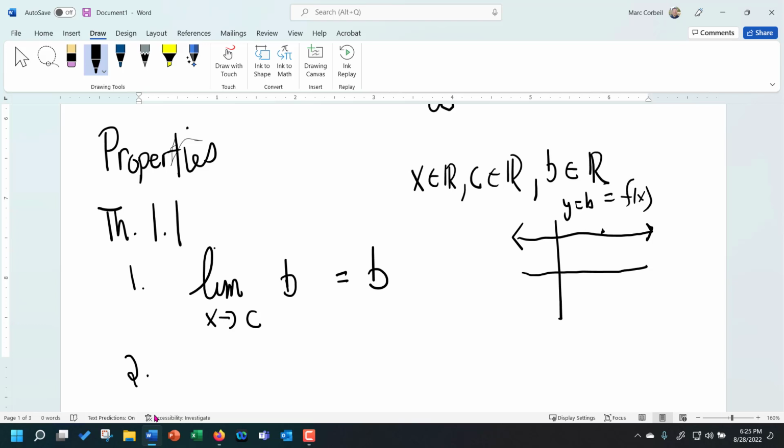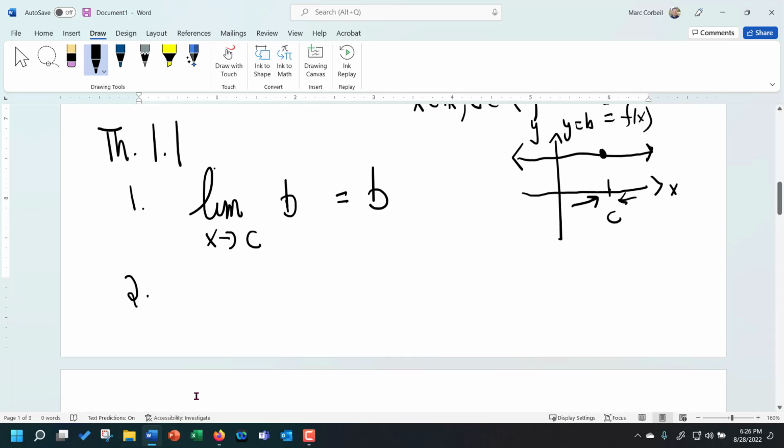So if we're talking about the limit as we move right or left of any value c along this line, where c is an element of the real numbers, this is x, this is y, we can see visually that this is always going to be the same value. The y value, which is what we're describing with the limit, is always going to be b. So that one's not really too wild for us.